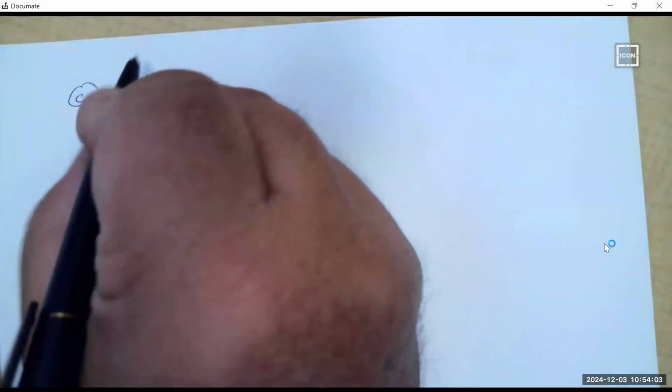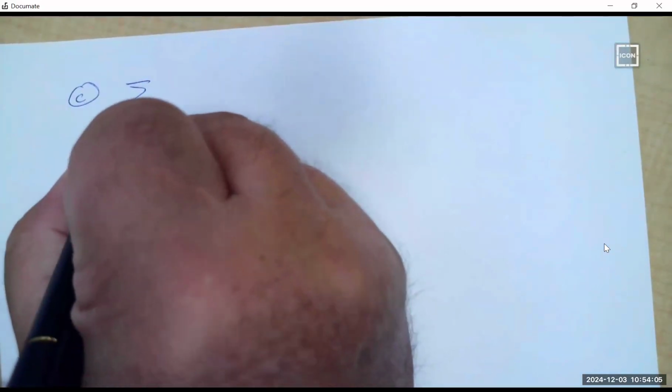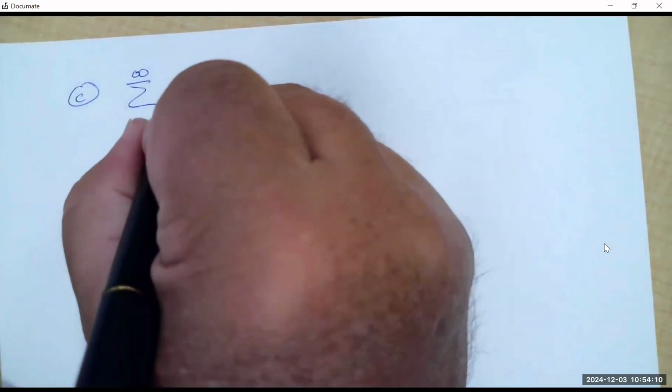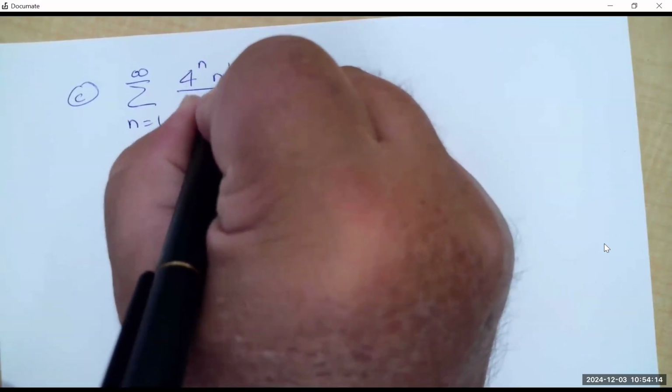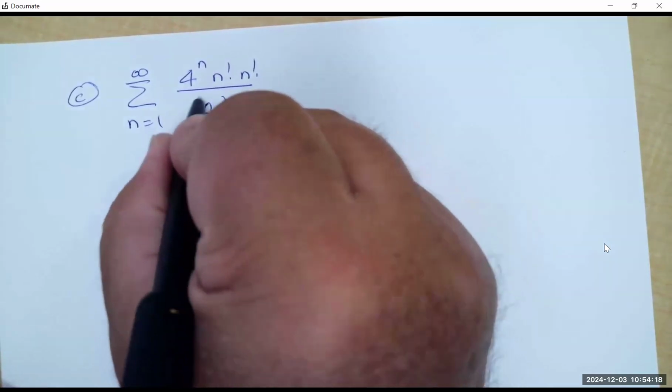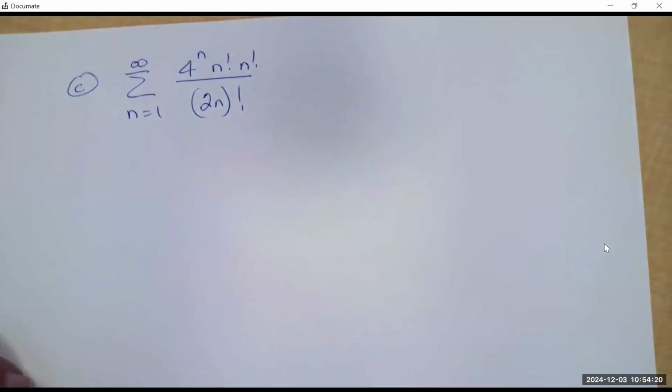Let's look at C. The summation as n goes from 1 to infinity of 4 to the power n, n factorial, over 2n factorial.